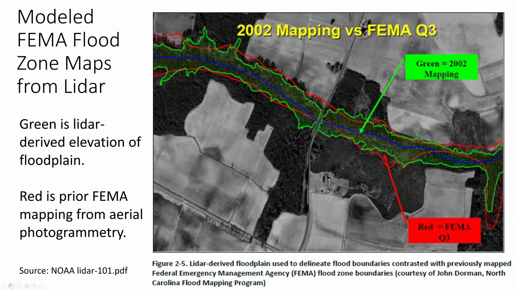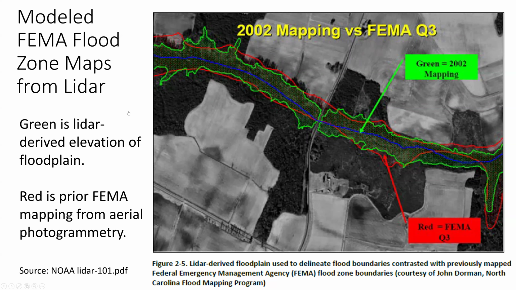And that required a lot of delineation, hired a lot of people looking at stereograms, looking at aerial photography, and manually drawing floodplains. So what they've been trying to work on in this use case was, can we use LIDAR to delineate floodplain boundaries?